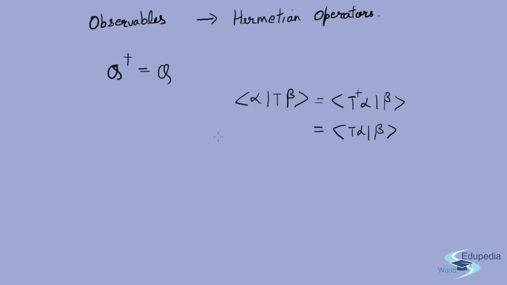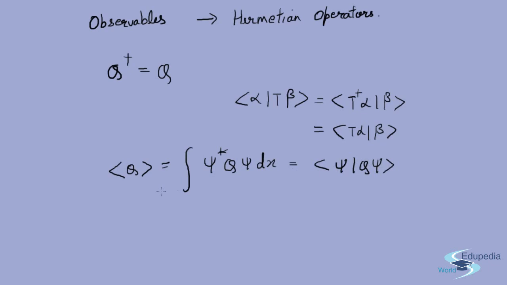Now we know other properties of Hermitian operators. One of them is that Hermitian operators have eigenvalues which are real. And if you look at the expectation value of Q, what was the definition of that? It was the integral of psi star Q psi dx, which is basically the inner product of psi with Q times psi.